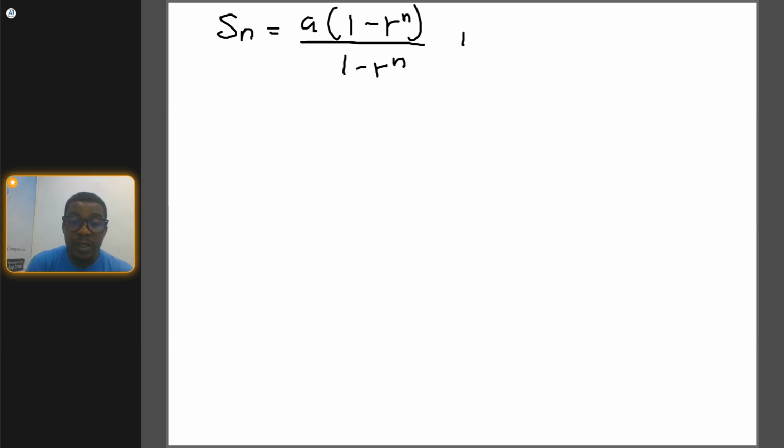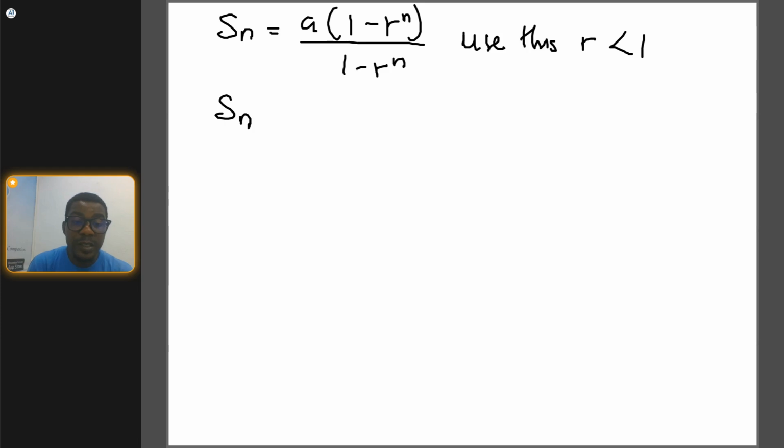Don't forget we said we have two formulas for sum. When we have a into bracket 1 minus r raised to power n over 1 minus r, use this when r is less than 1.